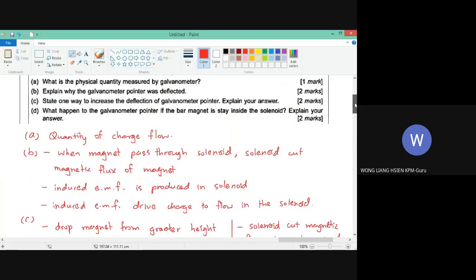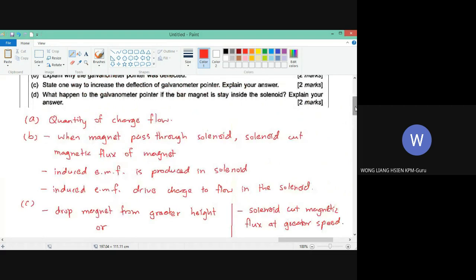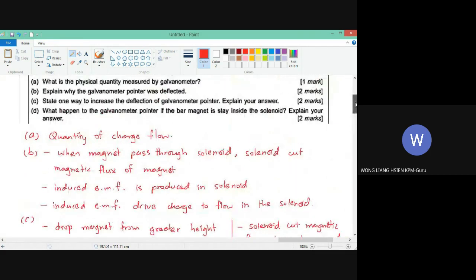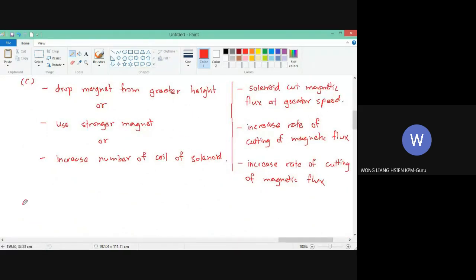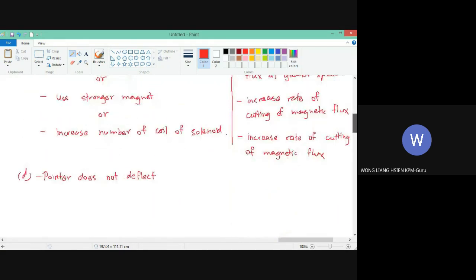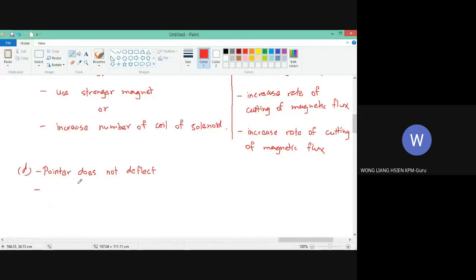Okay, next. D, what happened to the galvanometer pointer if bar magnets stay inside solenoid? So, of course, the galvanometer pointer does not deflect. Okay. Pointer does not deflect. Or you can also say that it does not move. So, explain your answer why.